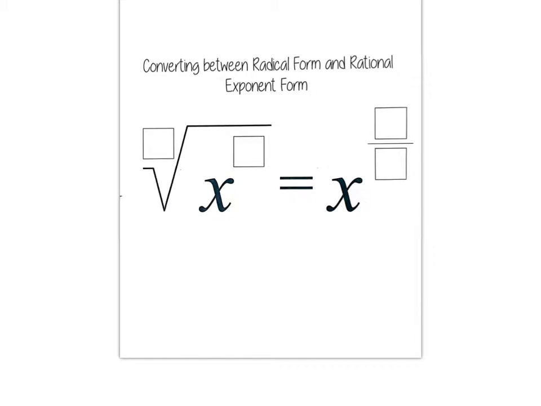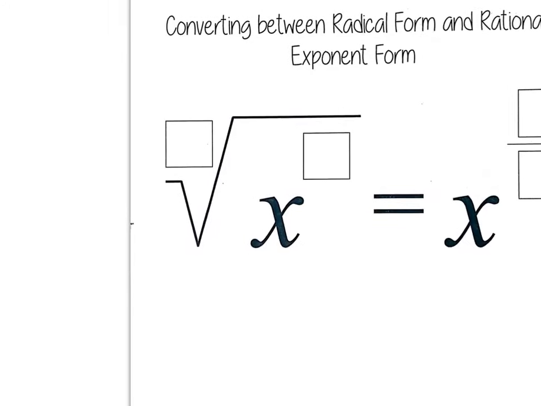Okay, today we're going to be covering how to convert between radical form and rational exponent form. If we remember, when there's a number outside of our radical symbol, that is called our index.